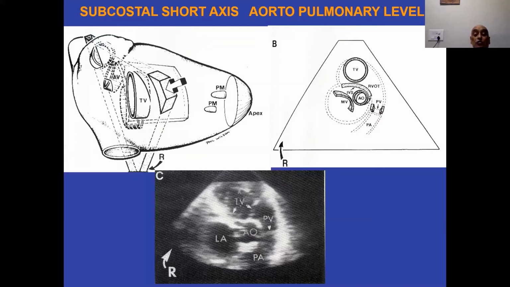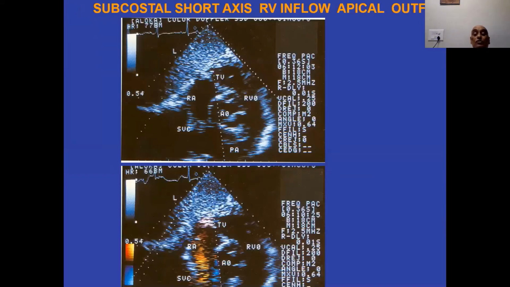It looks like a short axis view, as you can see here, but the only thing is you can see the hepatic tissue. So once you see the hepatic tissue, you know that this is a subcostal short axis position. You can either get the atrial septum or you can get the SVC by just changing the angulation slightly, and you can see the SVC into the RA. And by rotating the probe slightly to the right, you can actually get the IVC. So you can get some sort of equivalent of a bicaval view here.